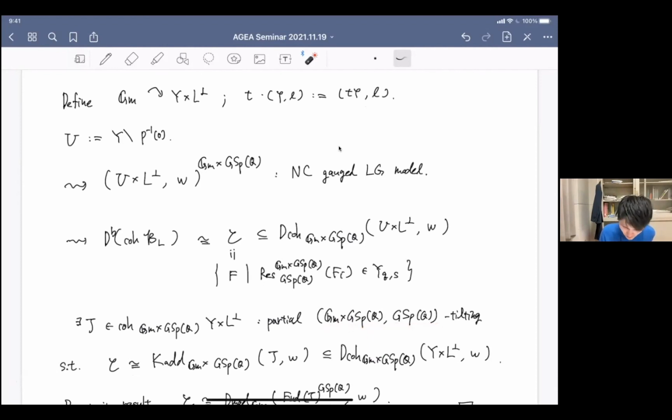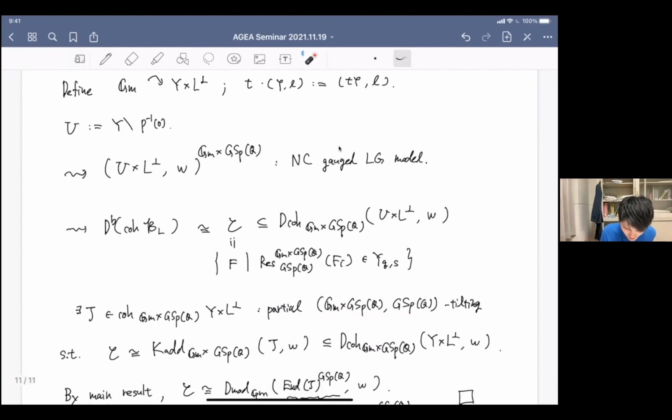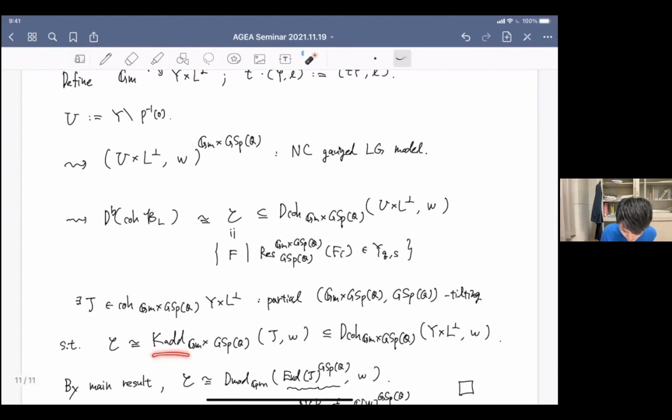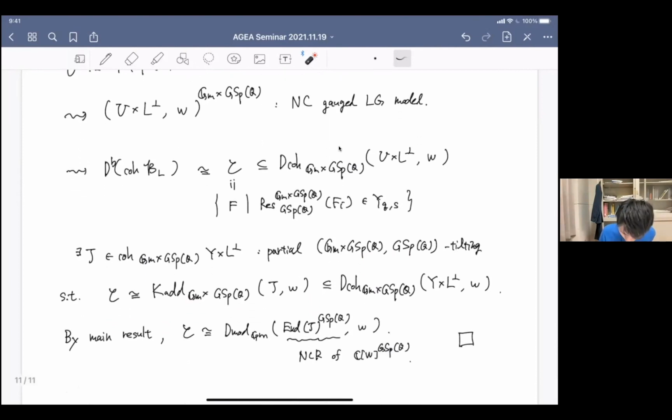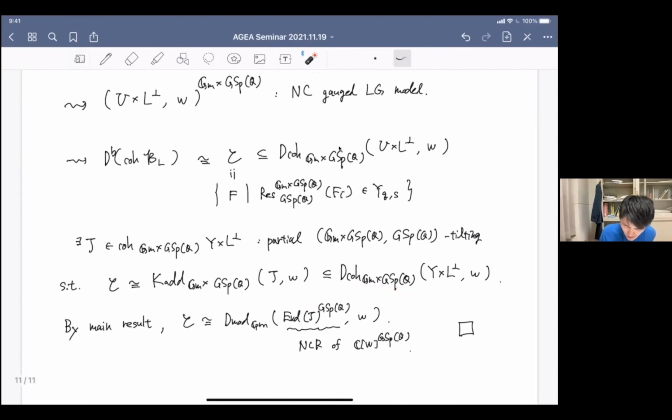And also we see that there exists some partial G_m times GSp(Q) tilting such that the category C is equivalent to K^b(add T_W) for G_m times GSp(Q), and this is a subcategory of this category.